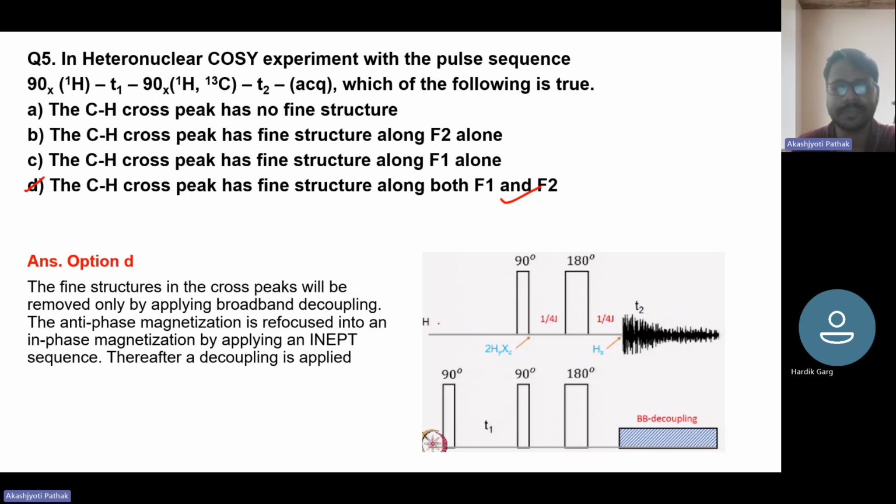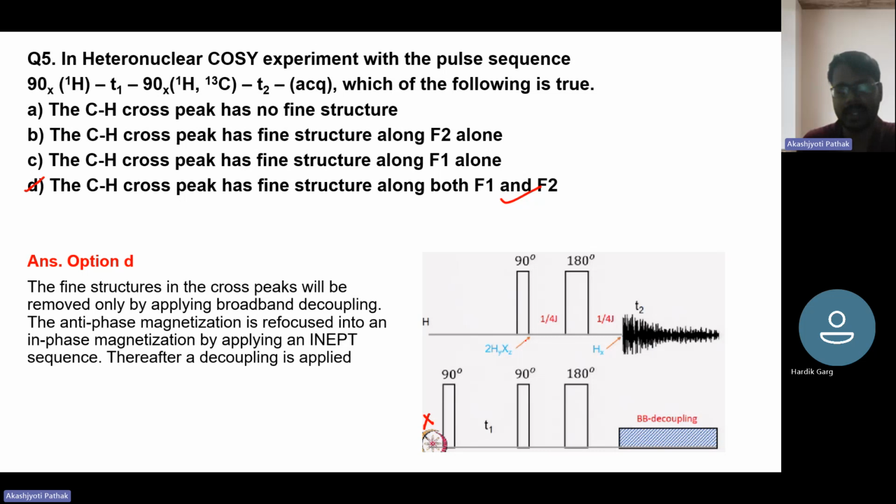So here you see that first this 90-degree pulse is applied. This is for the H nuclei, and this is for the X nuclei. First, we start with this 90-degree X pulse, which is selectively exciting the X nuclei. Then a time period T1 is applied, and after this T1 period, there is refocusing.